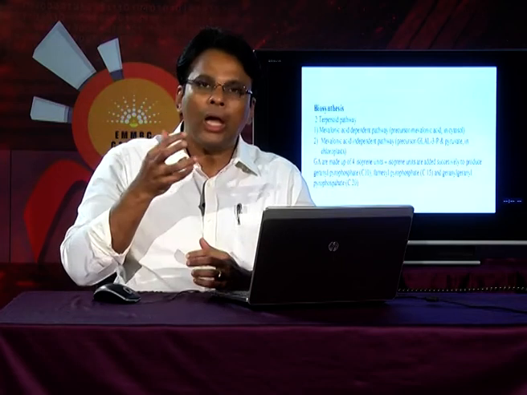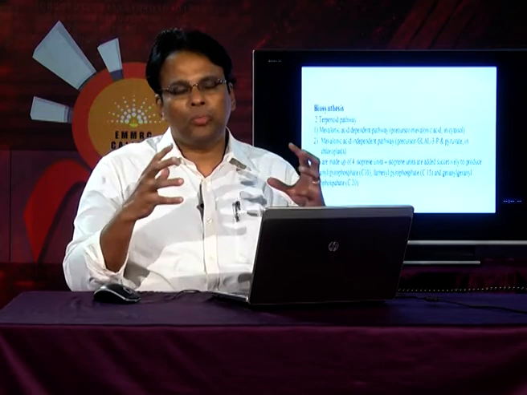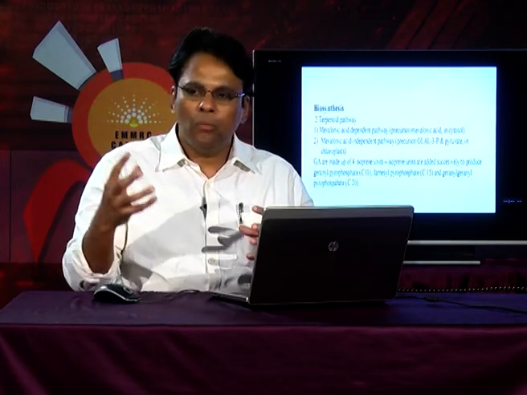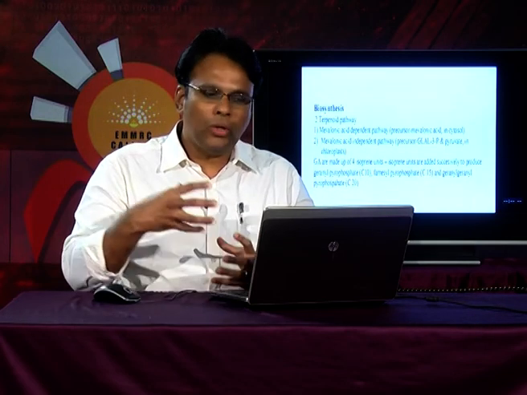And again when another isoprene unit joins, you get the formation of geranylgeranyl pyrophosphate. So again I will explain, 2 isoprene units join for the formation of geranyl pyrophosphate. One more isoprene unit joining gives farnesyl pyrophosphate, C15. One more isoprene unit joining, it becomes geranylgeranyl pyrophosphate.